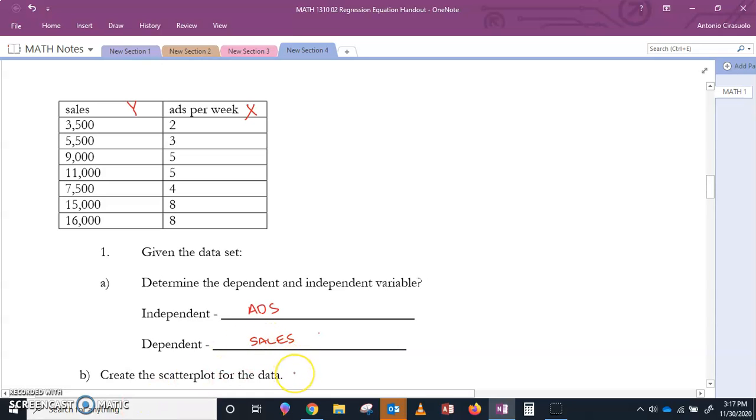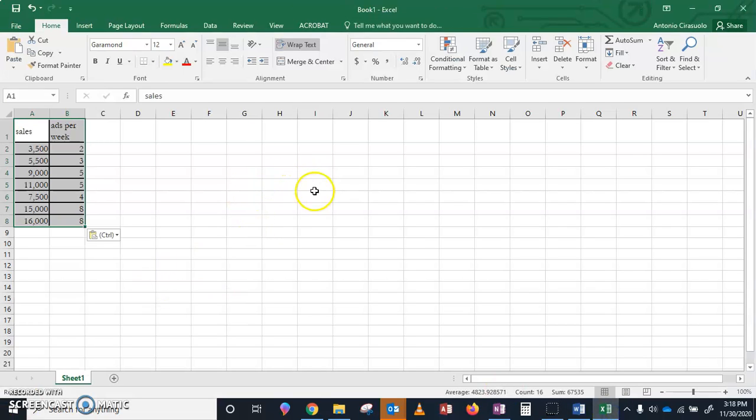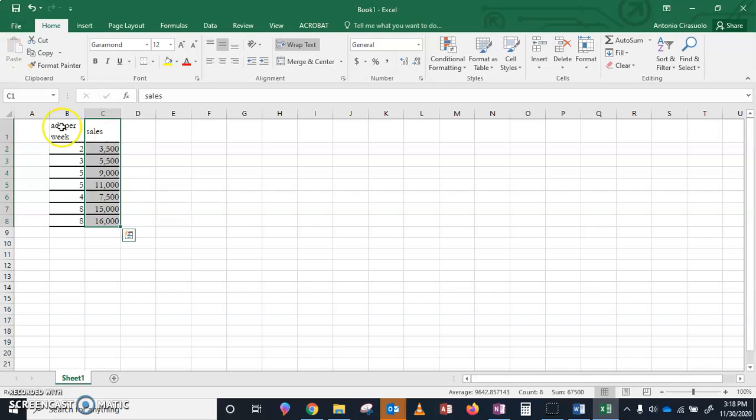Next, it asks to create a scatter plot. So I'm going to take this data and I'm going to put it into Excel. So here is our data. Now, what I'm going to do is change this around so that our independent variable is first, and then our dependent variable is second.